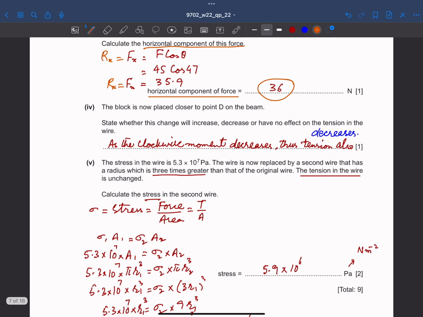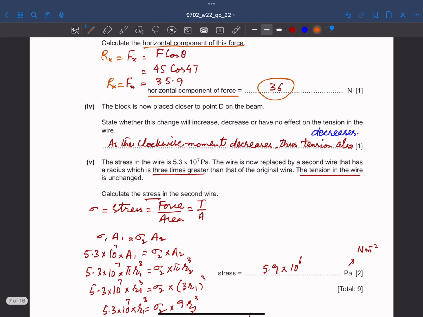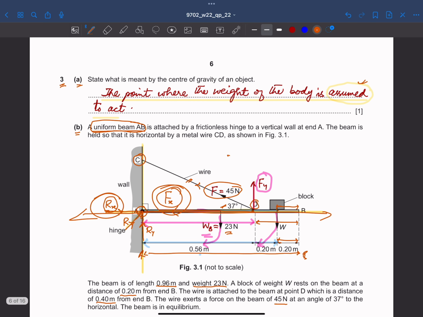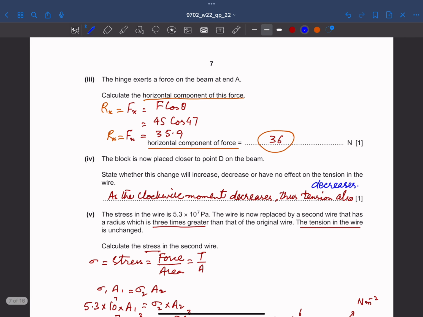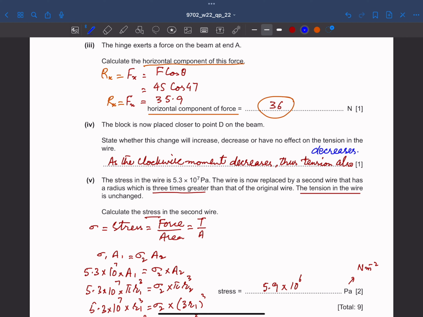The block is now placed closer to point D on the beam. So now what we are doing, we are taking the block to a new position, and here we have changed the position closer to D. State whether this change will increase, decrease, or have no effect on the tension in the wire.